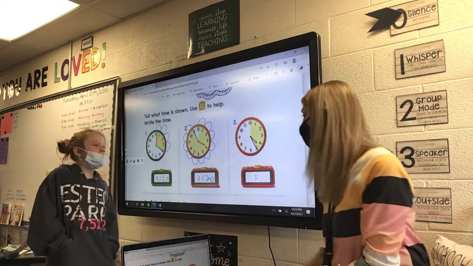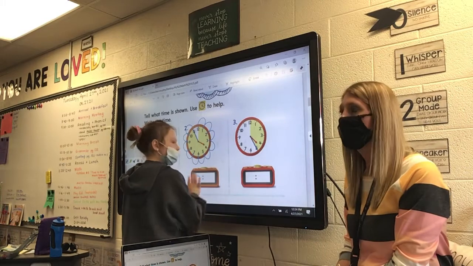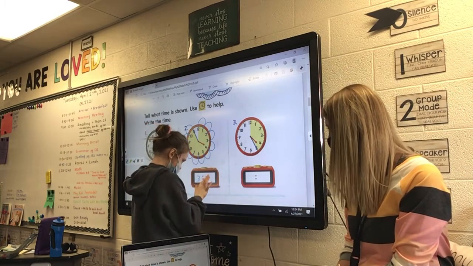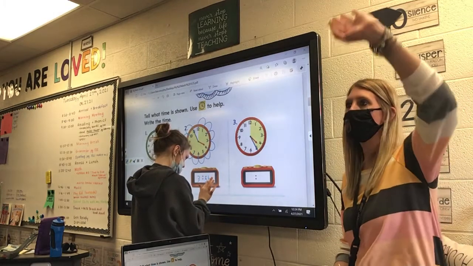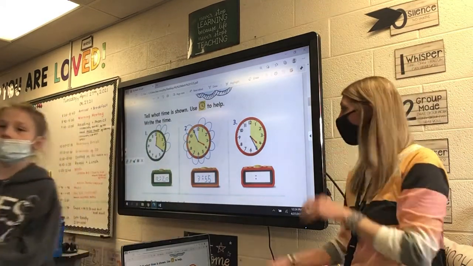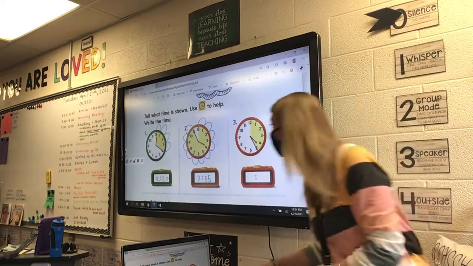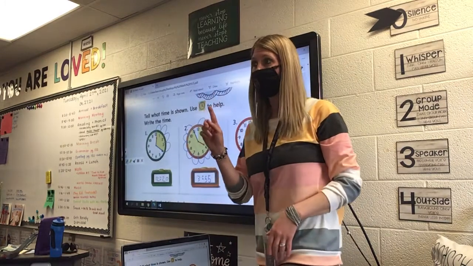What does the petal by the 11 say? 55. So it can't be 3:20. It's 3:55. How many of you guys put 4 o'clock? Okay, I thought a few of you might because that one's tricky. It looks like that's at the 4, but if you look really closely, it's not there yet.